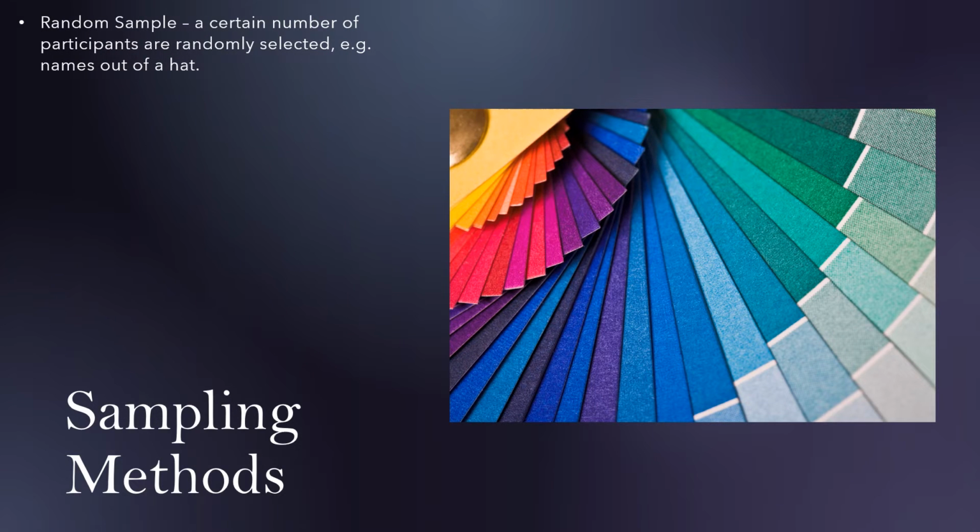So the first sampling method we're going to look at is one called a random sample. So this is where I've got a list of all the people in my survey population, all the people that my research is about, and I randomly select a smaller group from that, as a certain number. Let's say there's 10,000 people in my survey population.